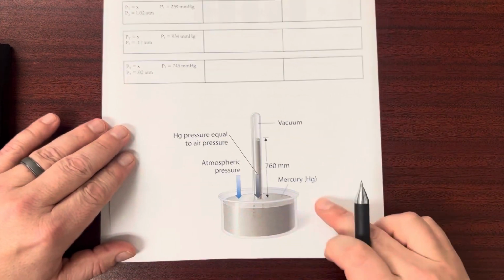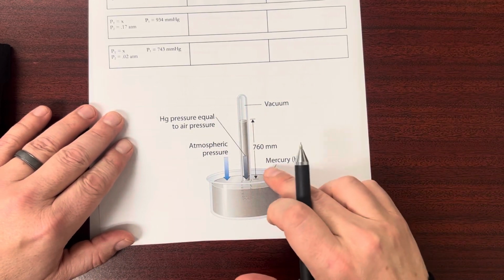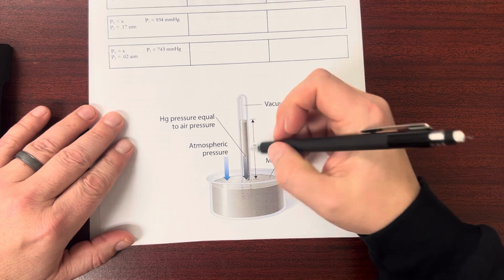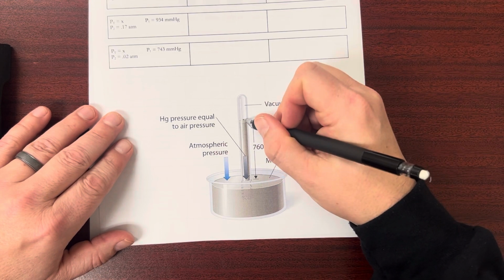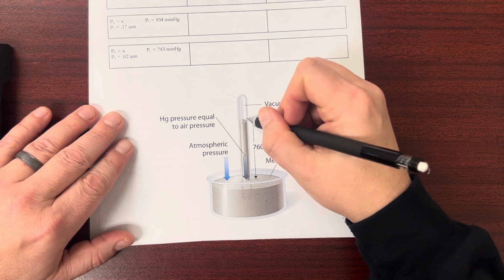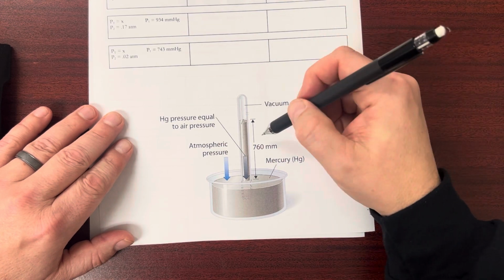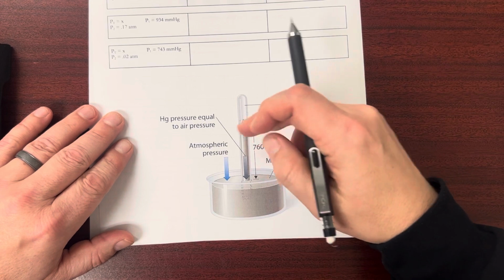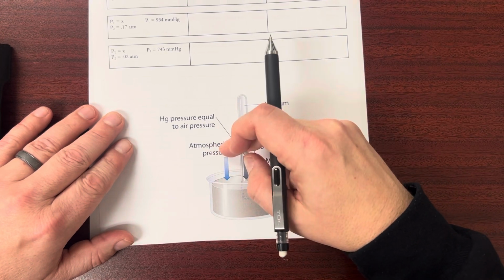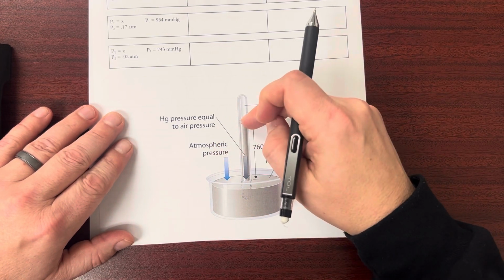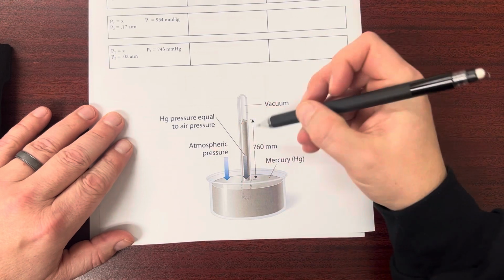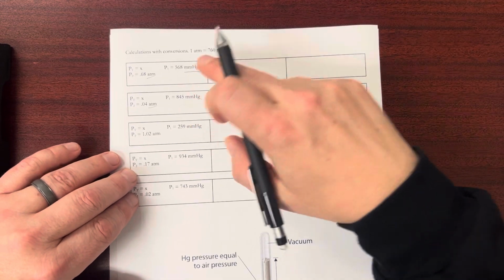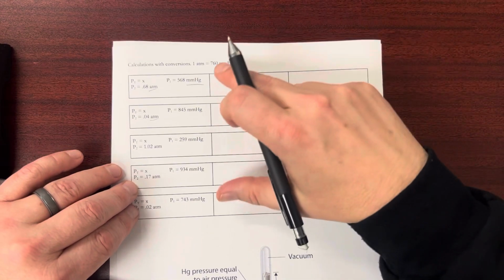That's how pressure is measured: as air presses down, the mercury will rise and we can tell different air pressures. If the air pressure decreases, then this line of mercury will go down. So anyways, we need to convert, and then we do the calculations just like we did before.